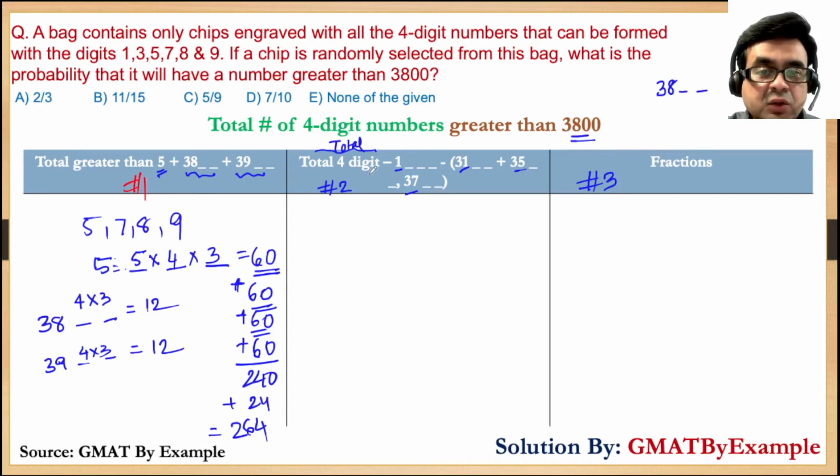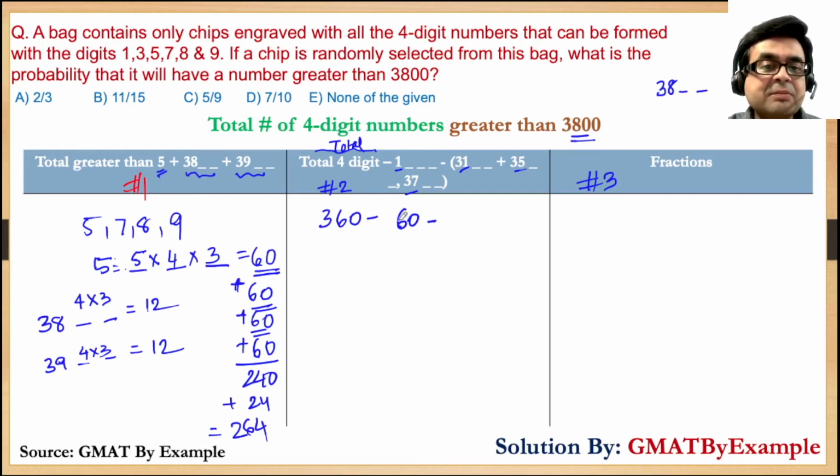We can take the total 4-digit numbers, which is 360, minus all the numbers starting with 1. Now, I don't really need to do the calculation. When I take any number as a starting point, I can create 60 arrangements for that. So that would be 60 minus any number that is starting with 31. I already saw that any numbers that I start with 38 would have 12 possible numbers.